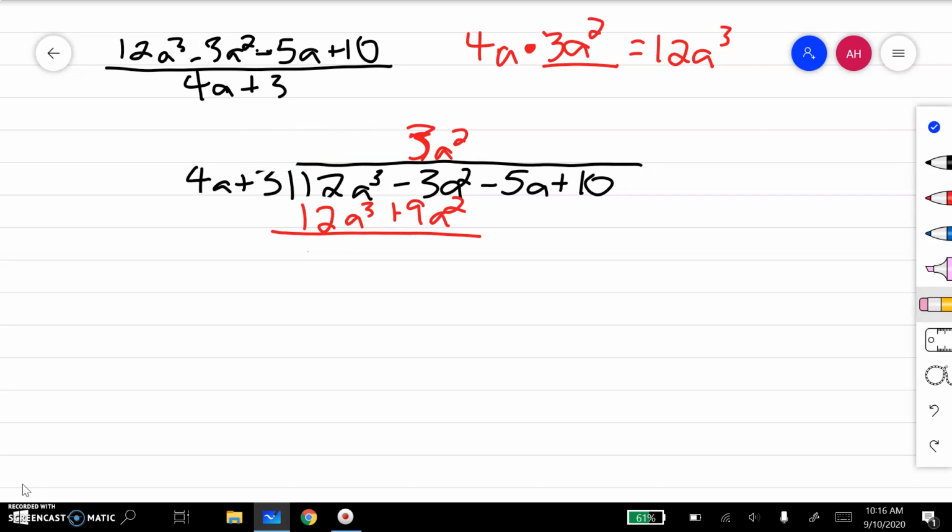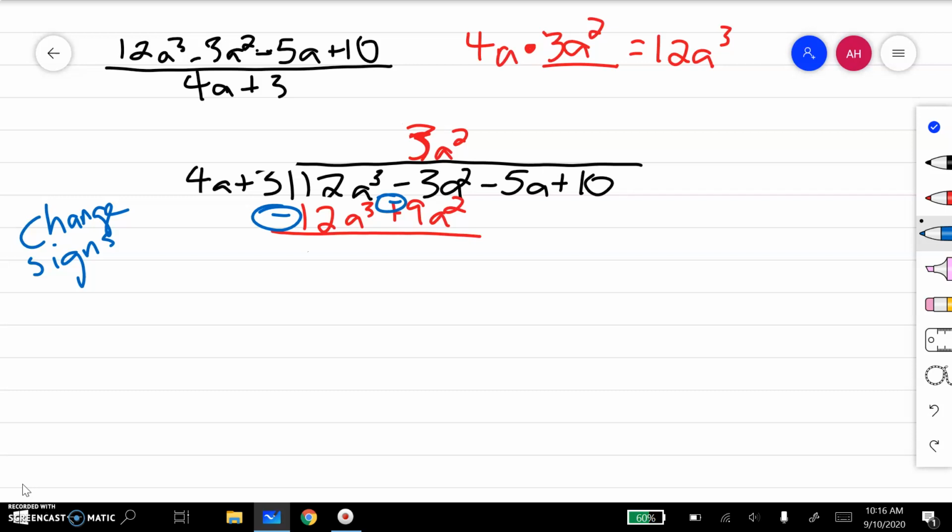Okay, so next thing, very, very important, is that we're subtracting. When you subtract, you have to change the signs for polynomials. So this was a positive 12a cubed, now I'm going to make it minus. This was positive 9a squared, I'm going to make it minus.